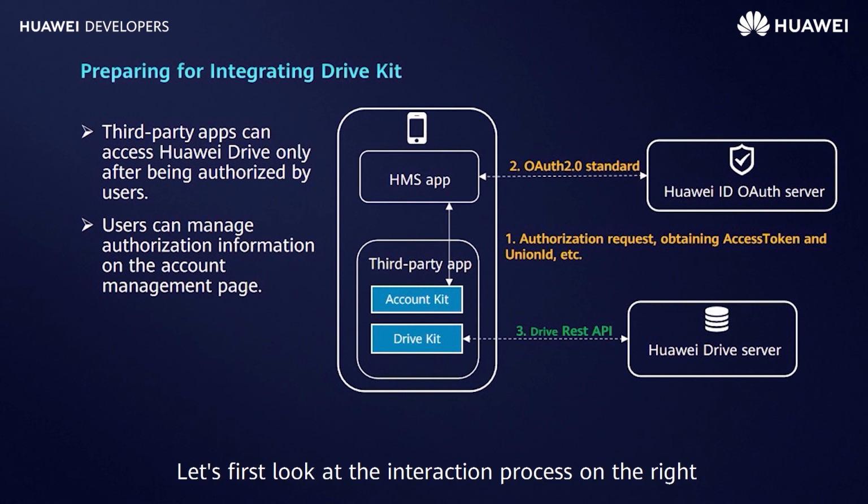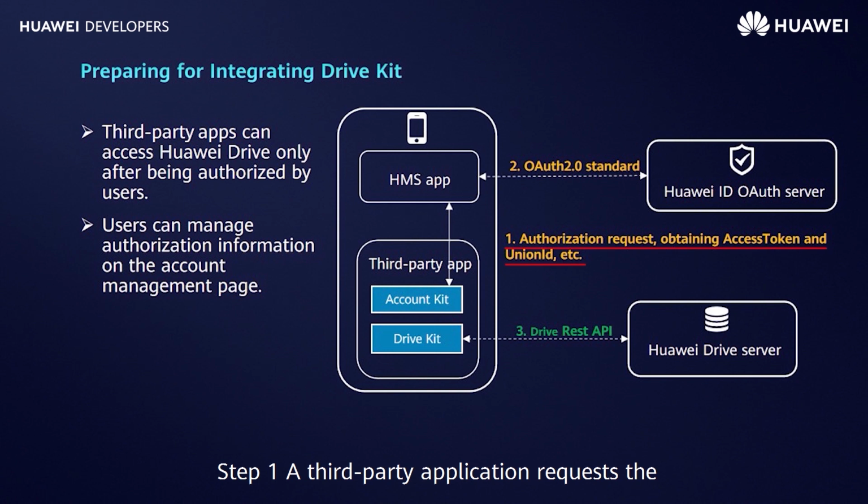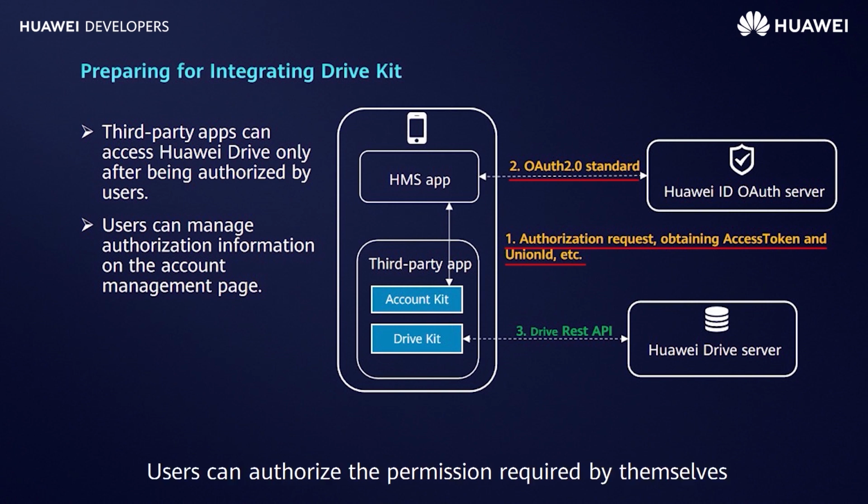Let's first look at the interaction process on the right. Step 1. A third-party application requests the Account Kit service to initiate account authorization. Authorization request to access important user information such as access token and union ID. Step 2. Authorization of the OAuth 2.0 standard via server. Users can authorize the permission required by themselves.